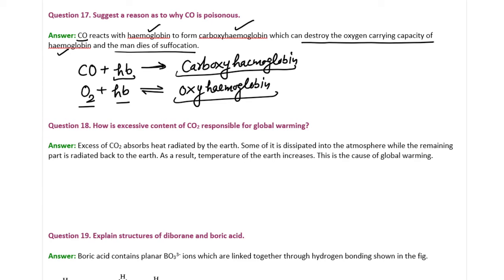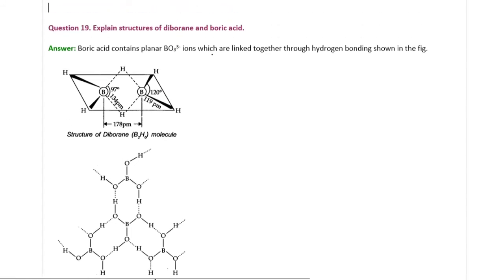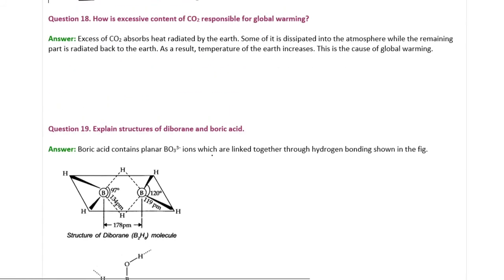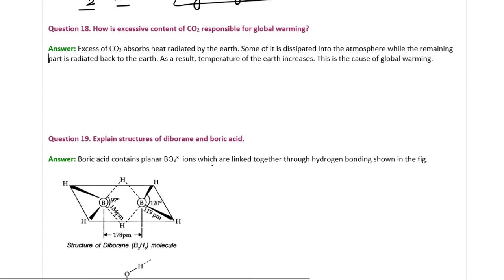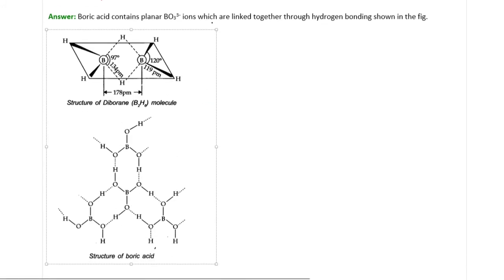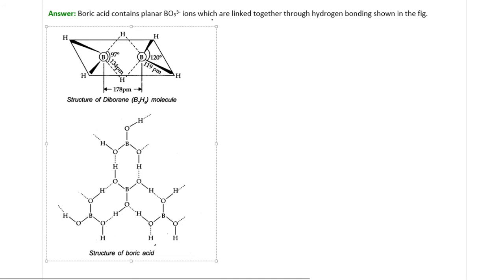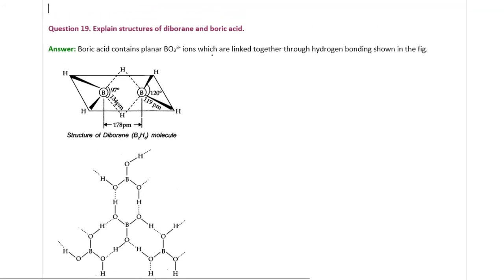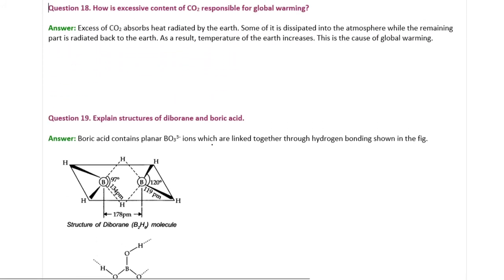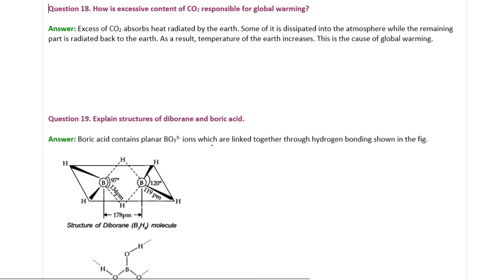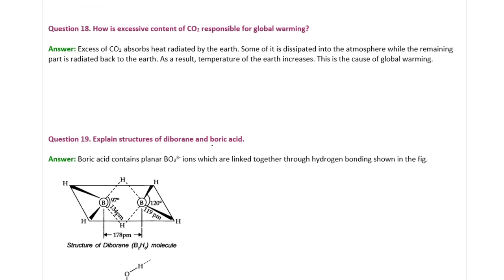Next, question number 17. How is excess content of CO2 responsible for global warming?